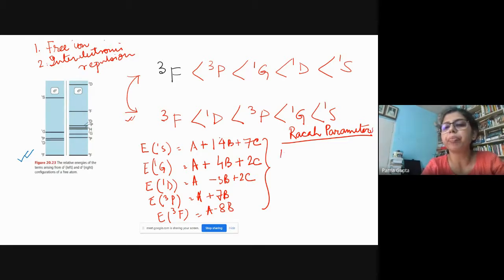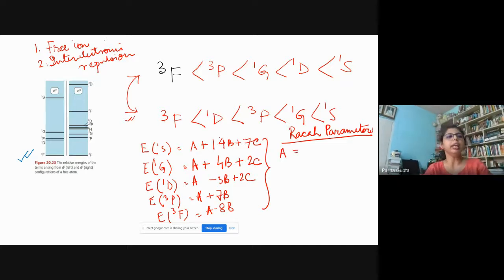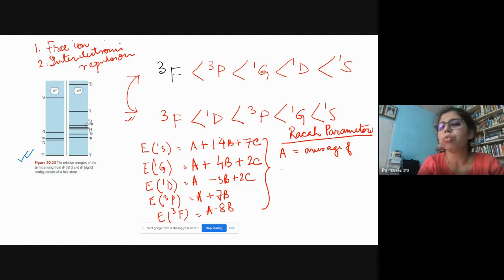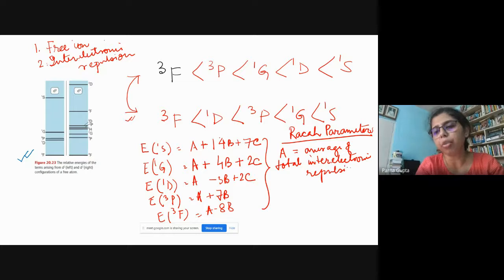Now what is A? If I see A, then A is the average of total electronic repulsion. You will get this in any book. As the A value is there, generally we do not consider A, not that we neglect it, because it is the value of B and C that actually differs.